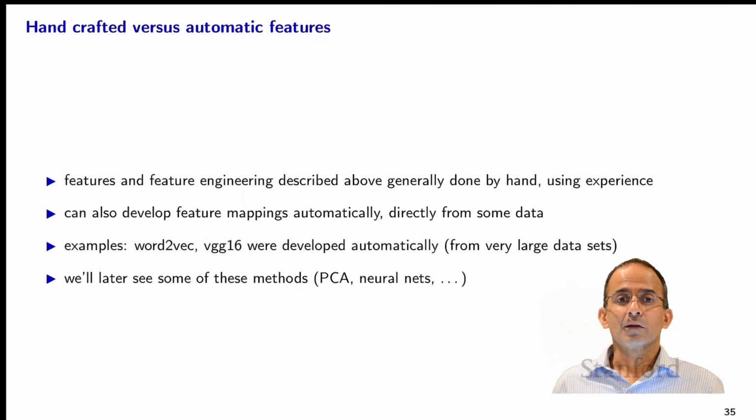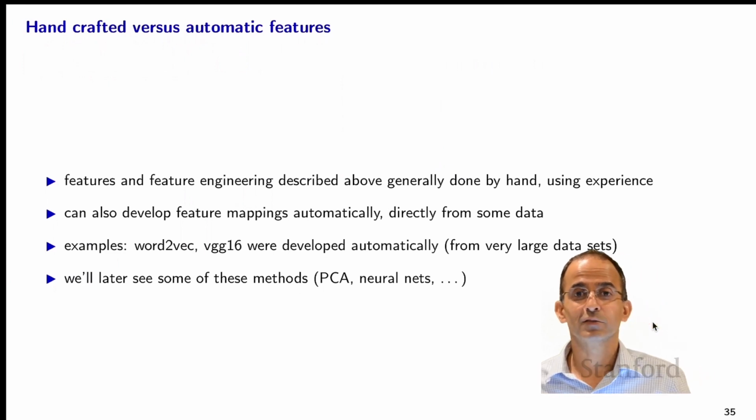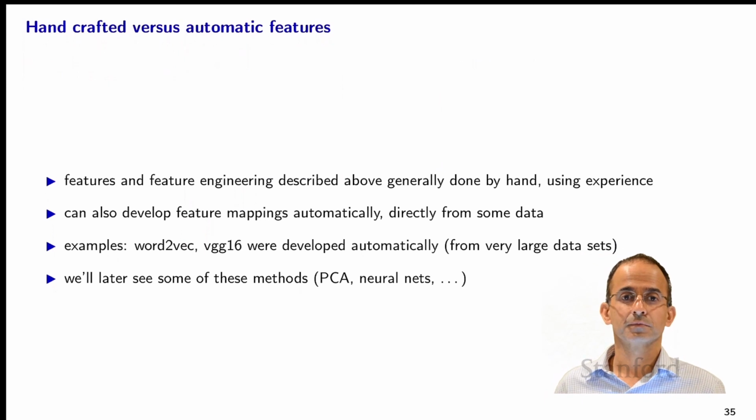And because it's trial and error, it would be very nice to be able to develop feature mappings automatically, directly from the data. And this is certainly possible. We've already seen two examples. One is word2vec, where words were mapped to vectors. Another is VGG16, where images were mapped to vectors. And those were learned, and they were developed automatically from very large data sets.